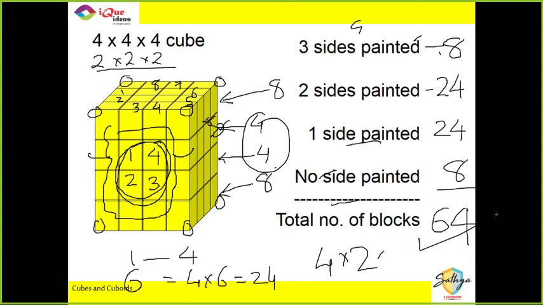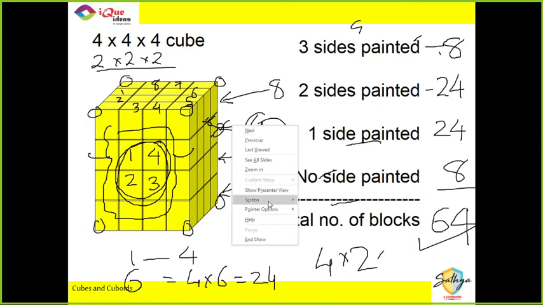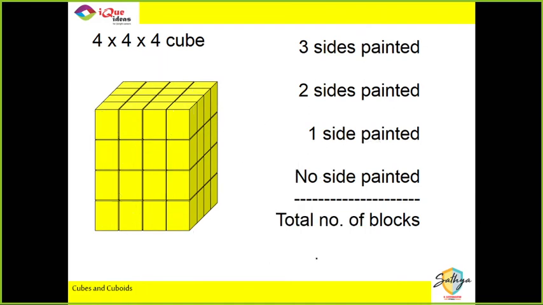Got this one? Two sides painted, Amanbir, I'll do it again. See, for two sides painted, the top and the bottom layer are the same. So I'm only considering the top layer, right? This is the top layer.